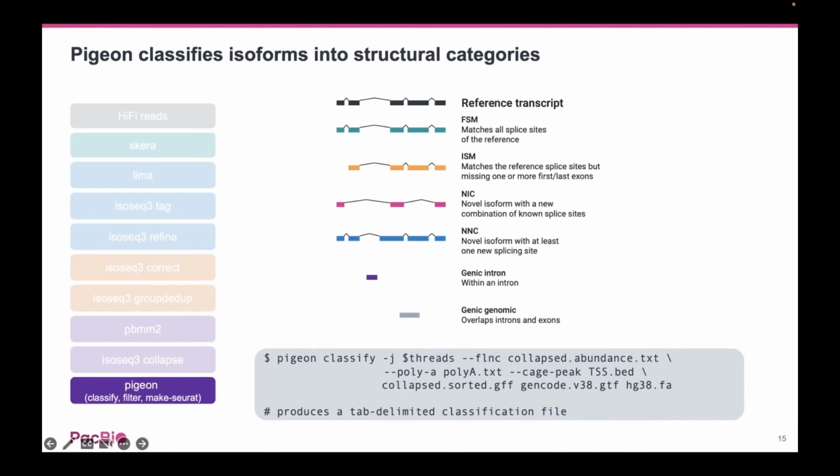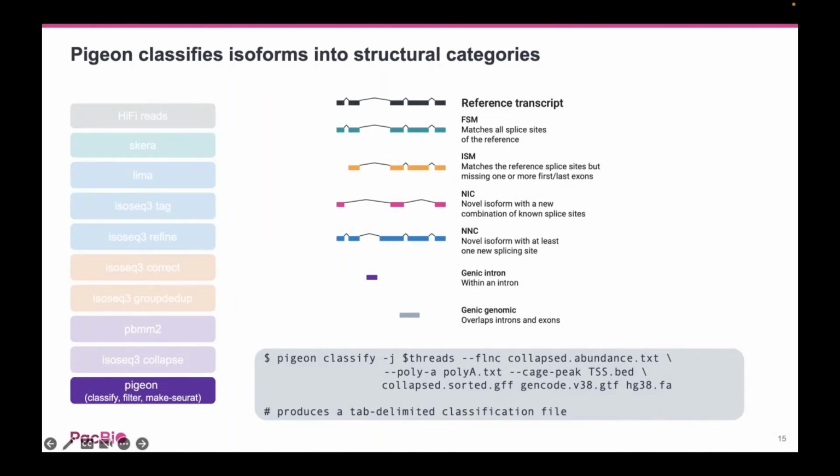Following collapse, we can use Pigeon, which is our SQANTI3 replacement, to classify isoforms into their structural categories. For those of you familiar with transcriptomics, you're probably also familiar with this classification system, which will tell you whether your isoforms match all of your splice sites to result in a full splice match, or maybe you're missing terminal exons, which are incomplete splice matches, or if you have novel isoforms.